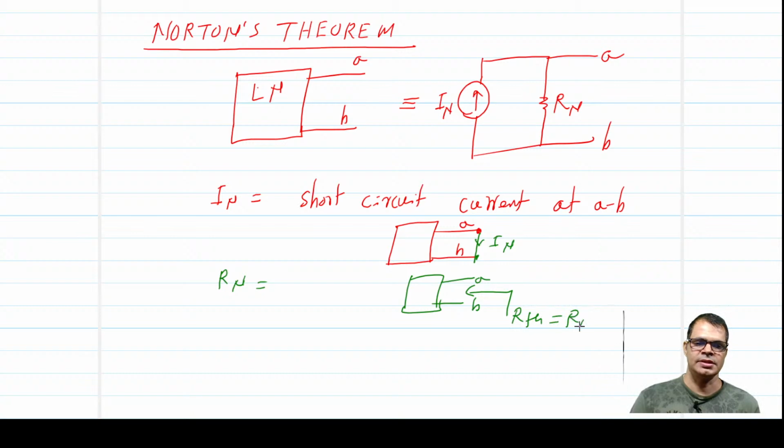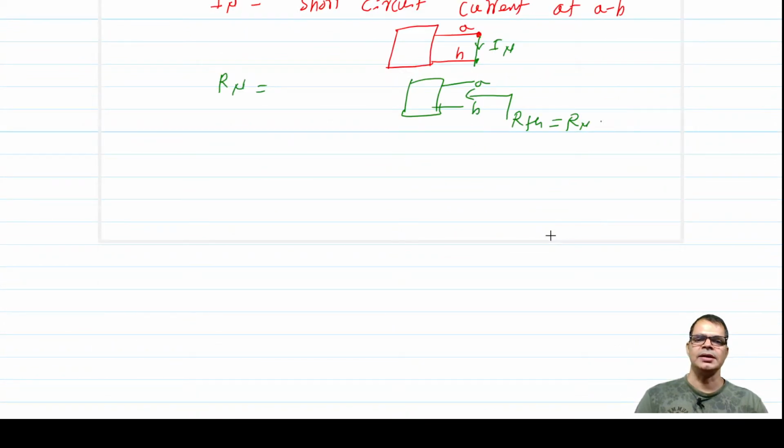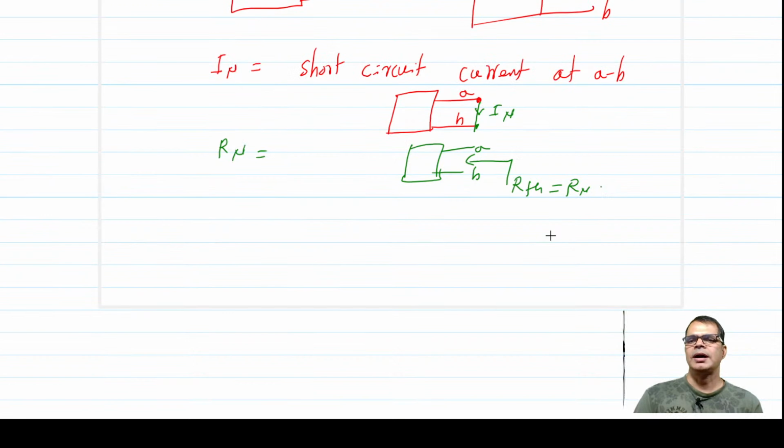There is no change. That means there is no change in measurement or calculation of the Norton resistance. It is the same way as we do for the Thevenin resistance. In fact, Thevenin resistance and Norton resistance are same. So as I have told you before, they are dual of each other.